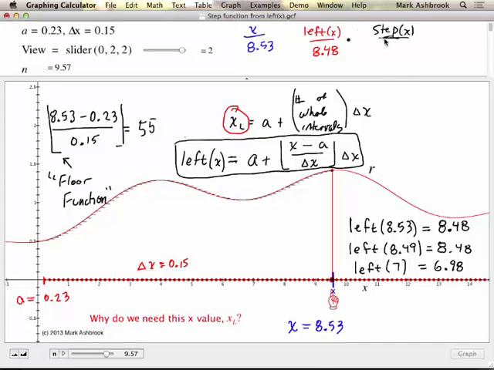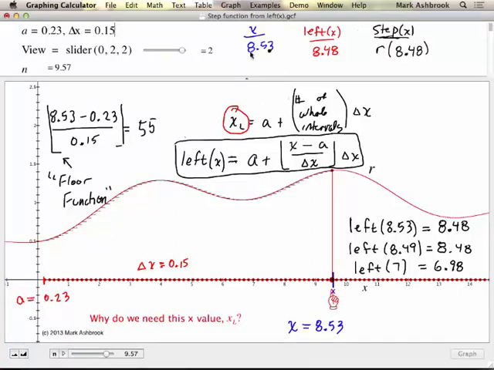How are we going to get step at 8.53? What about 8.48? R of 8.48. It's going to be the rate at the left side of the current interval.